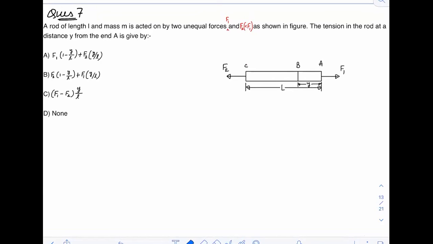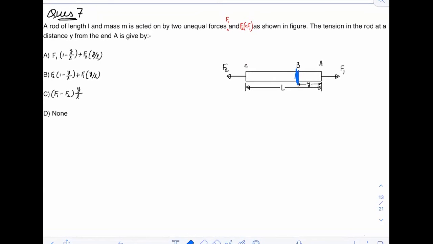Okay, see here. In this question, what you have to do is find out the tension at point B. You have to find out the tension at point B now.